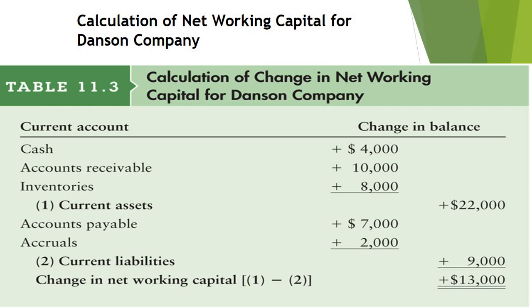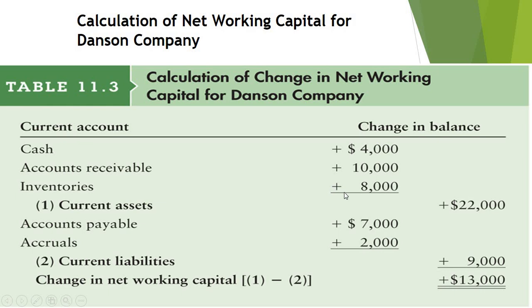So assume that as a result of new installation of an asset and selling of an old asset, there was an increase in cash of 4,000. There was an increase in accounts receivable of 10,000, and an increase in inventories of 8,000.